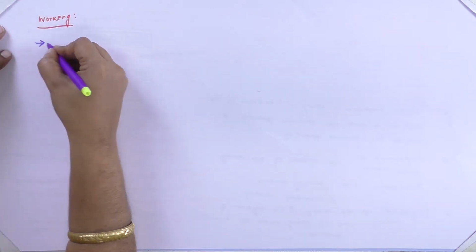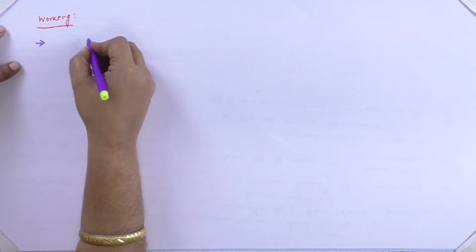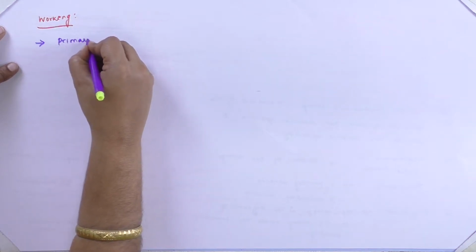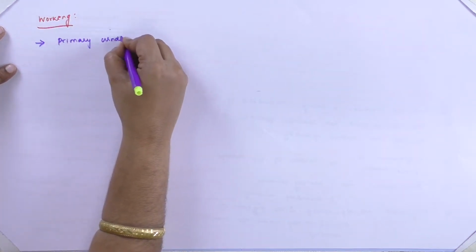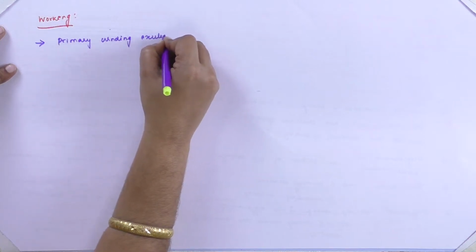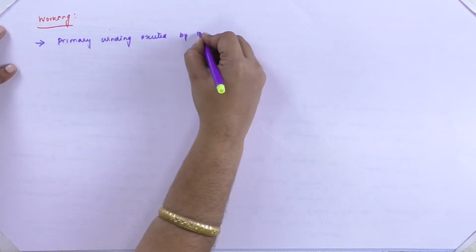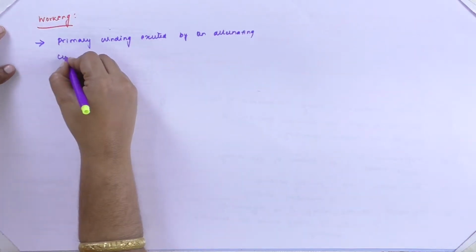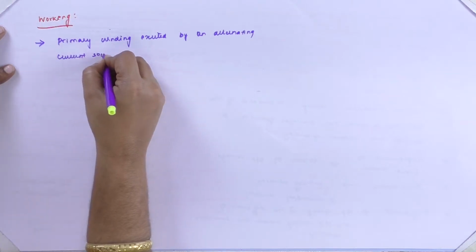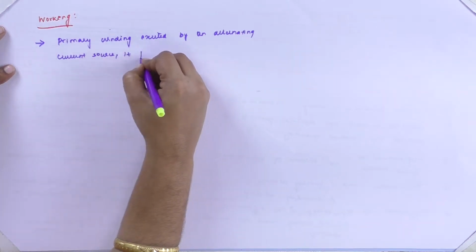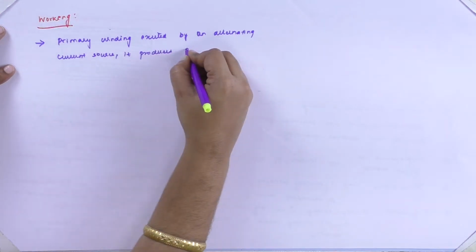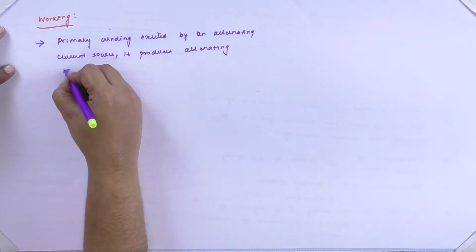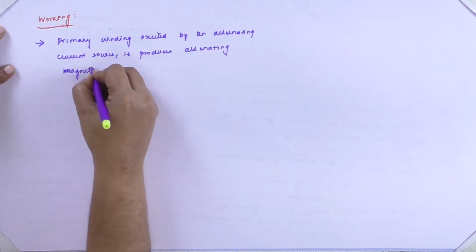Since we know that the primary winding is excited by an alternating current source, it produces an alternating magnetic field.